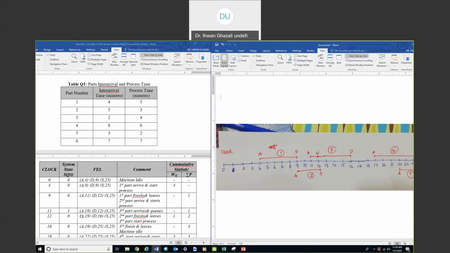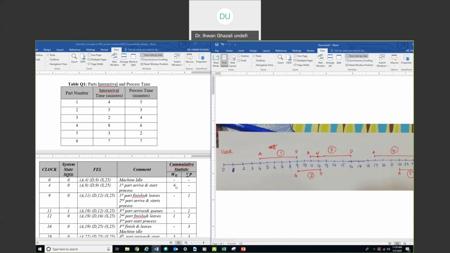So you just put D9 here, and stop in minute 25, and then the comment here is first part arrives and starts to be processed.